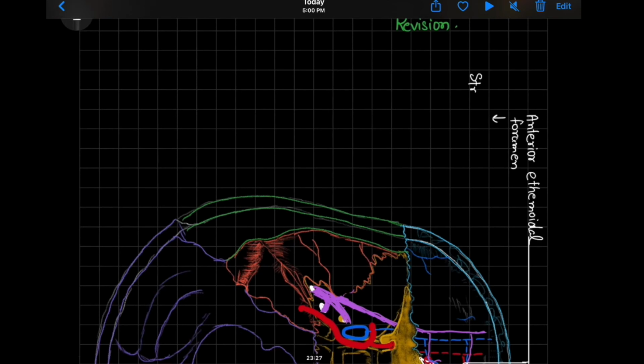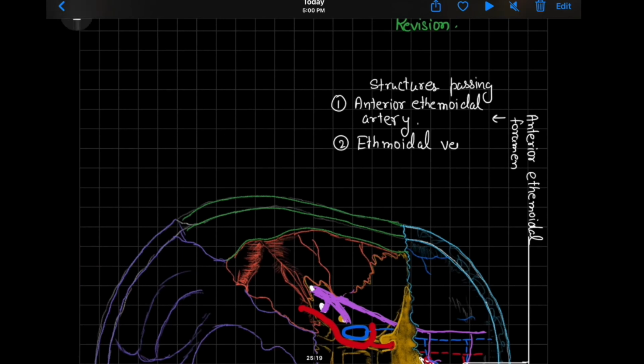The structures passing through anterior ethmoidal foramen are anterior ethmoidal artery, ethmoidal vein, and anterior ethmoidal nerve. This anterior ethmoidal artery, which originates from ophthalmic artery, and the ophthalmic artery which originates from the carotid artery, comes out from the canal and enters the anterior cranial fossa through this ethmoidal foramen.